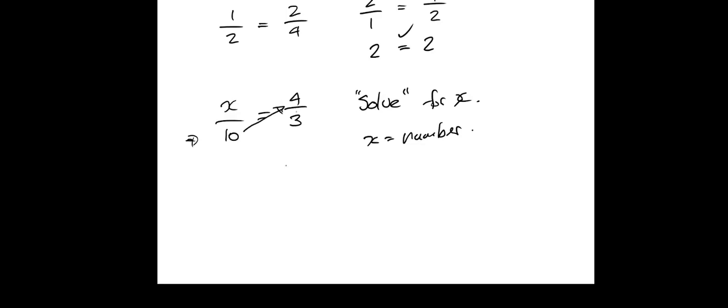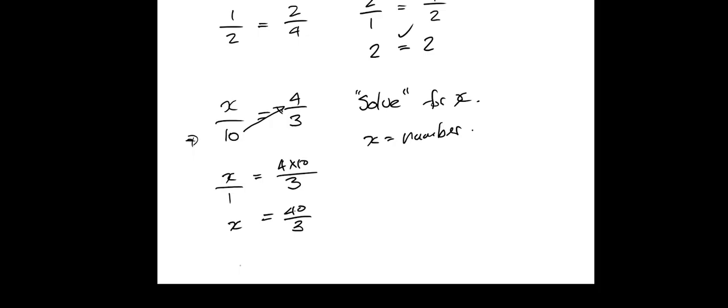So I'm going to cross multiply it. So x over 1, remember the 10 doesn't just disappear, it becomes a 1. But to make up for that, we have to multiply the other side by 10. Okay. And remember, anything over 1 is itself. 40 divided by 3.